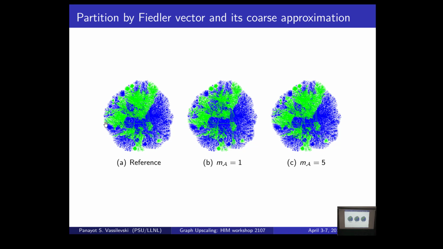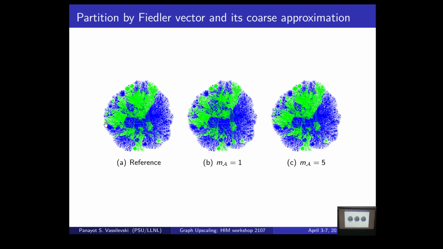To demonstrate the approximation property, we did the following. For this graph Laplacian, you can solve the minimal positive eigenvalue problem, and you get an eigenvector. That eigenvector is orthogonal to the constant. It has negative and positive entries. If you divide the domain into two subdomains corresponding to the positive entries and the negative entries, it gives you spectral partitioning with balanced components. This vector is called the Fiedler vector.